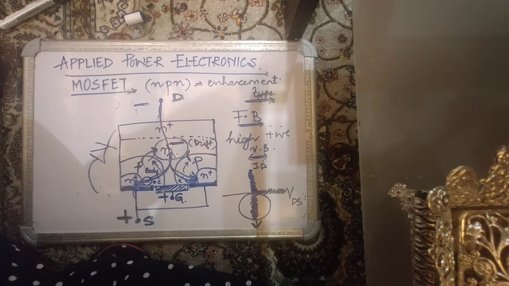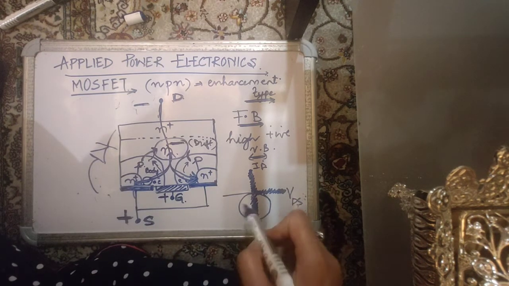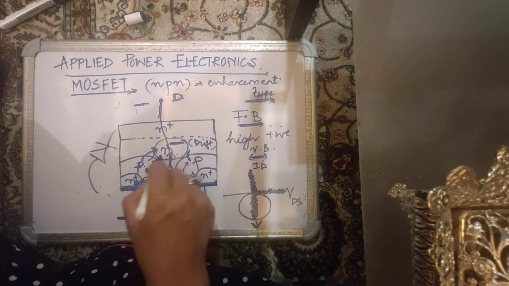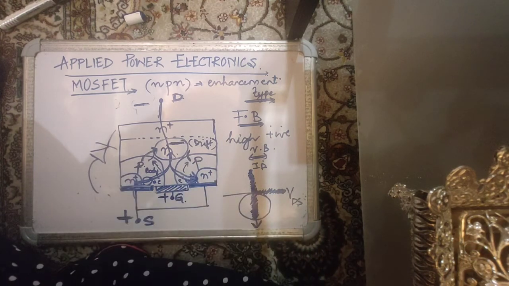So generally what we do is we connect fast recovery diodes across MOSFETs. If we have to make them carry negative currents, we connect an additional fast recovery diode across them, which does not have this problem of the N minus region, and then they can carry currents in the negative direction without producing much losses, without being too slow.